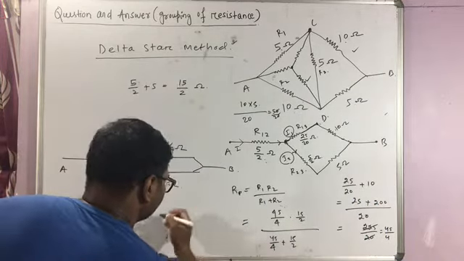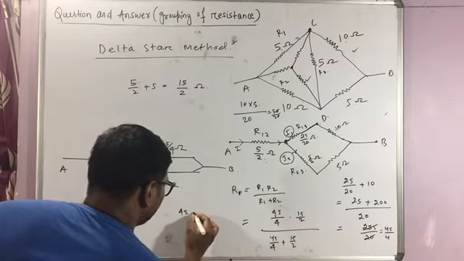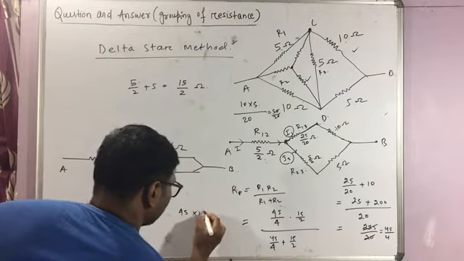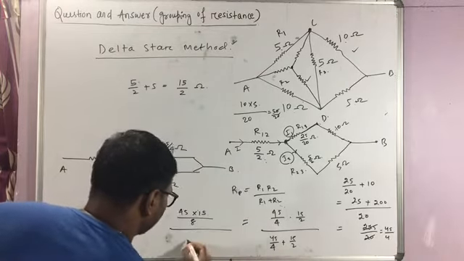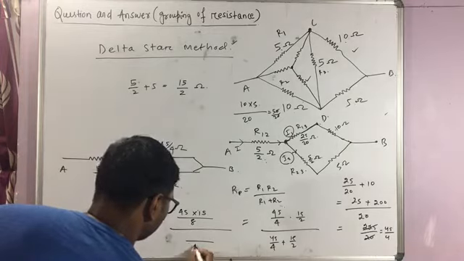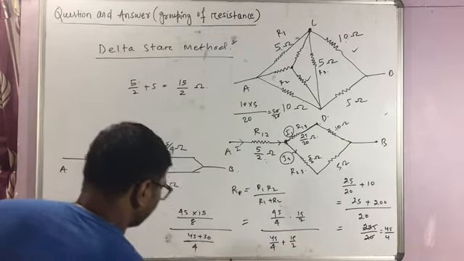You take, so just write 45 into 15 by 4 into 2, 8 divided by, take LCM, which is 4, so which is 45 plus 30.